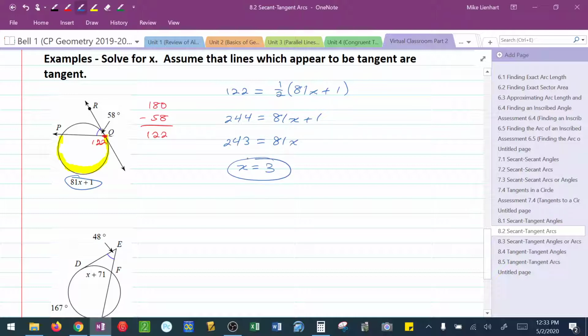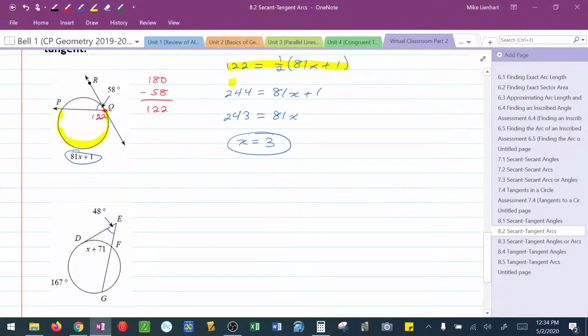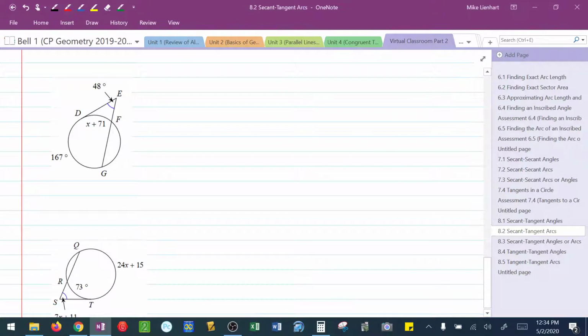Again, the whole key is being able to set up the correct equation to solve. It's not that difficult. All right, let's take a look at this one. I see the vertex is out. I see the x part right in here, which is the little arc. If the vertex is out, we have a little arc and a big arc. That's enough to write my equation. I've got the angle is equal to half of the big arc, 167. Now watch how I write this.